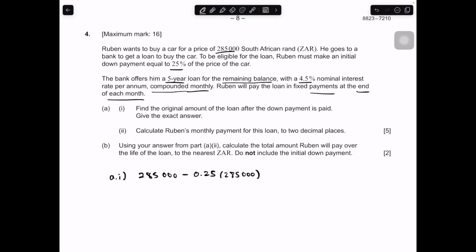This is also equivalent to saying that we just want 25% removed, so we only want 75% of this $285,000. And so if we work this out, we'll get $213,750.